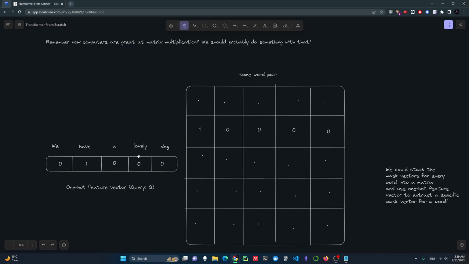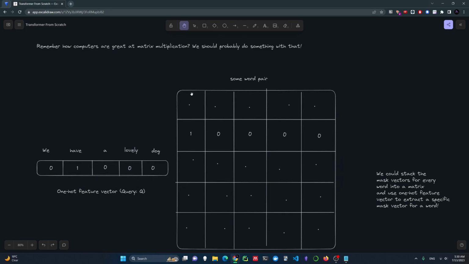So let's say we have this sentence, we have a lovely dog. Then we are trying to get the mask for the word have, right? So we have one here, this is a one hot encoded vector. We have a one here, and essentially by multiplying this, we obtain this specific row here. And each column represents some word pair.